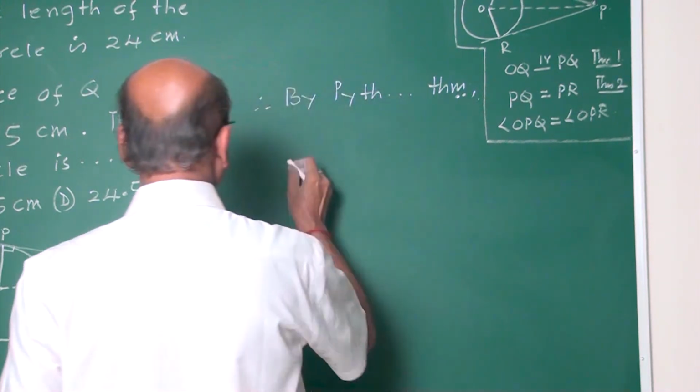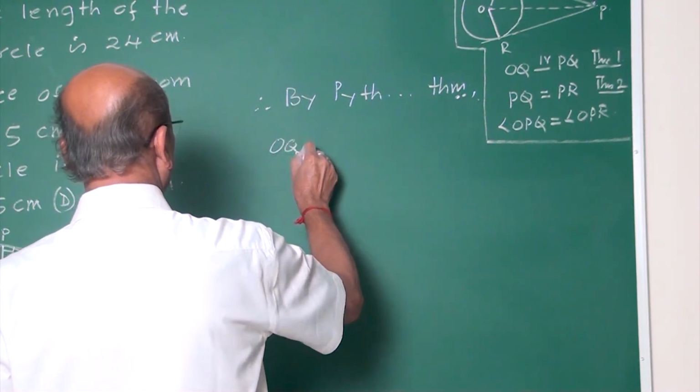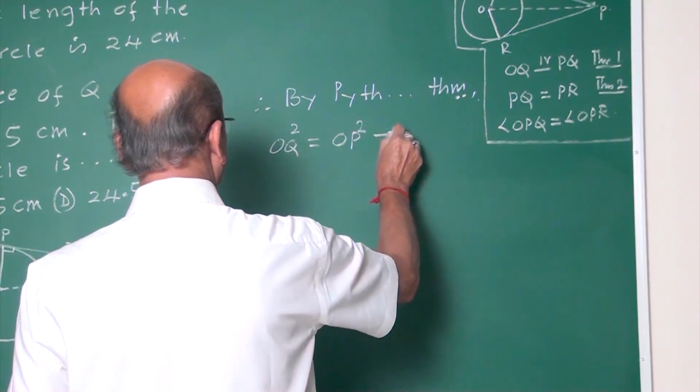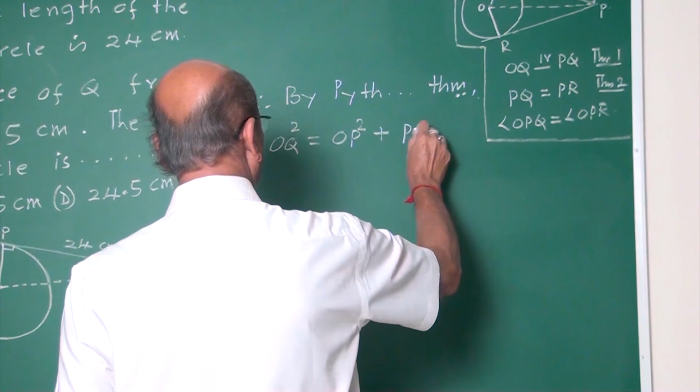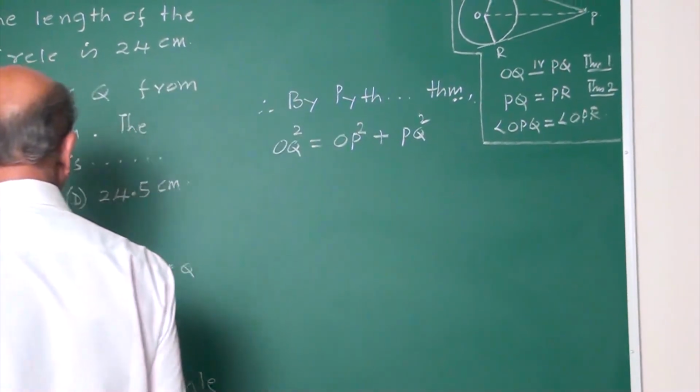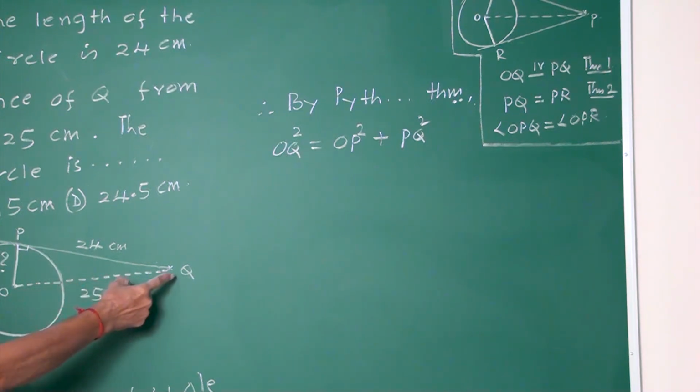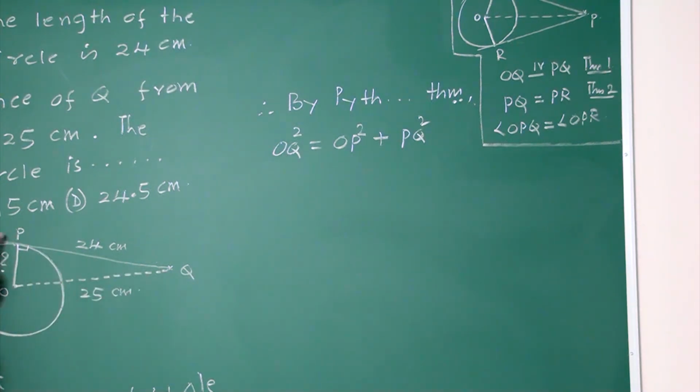you have OQ square, the hypotenuse, equal to OP square plus PQ square. By Pythagoras theorem, this is 90 degrees, this is the hypotenuse. OQ square equal to OP square plus PQ square. Put the values.